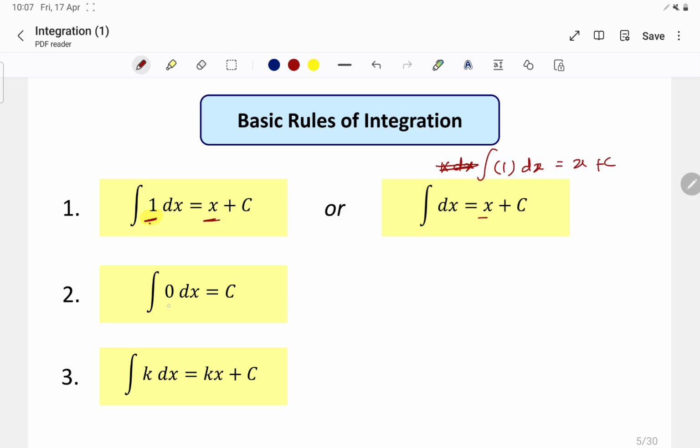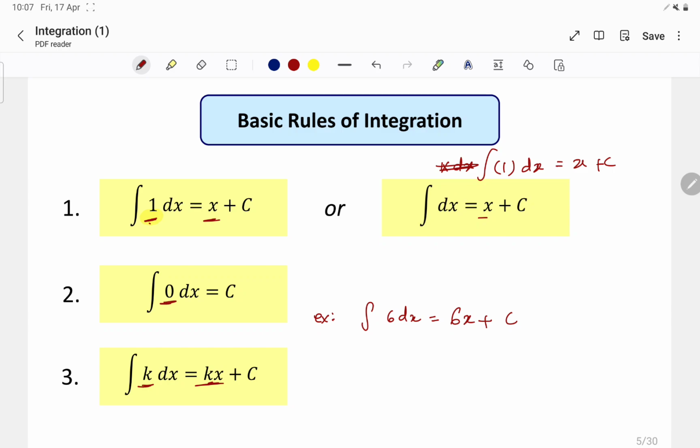If you integrate 0, you get c. And if you have a constant k, any number, let's say 6 dx, when you integrate, don't forget to put x at the back: copy 6, put x at the back, plus c.